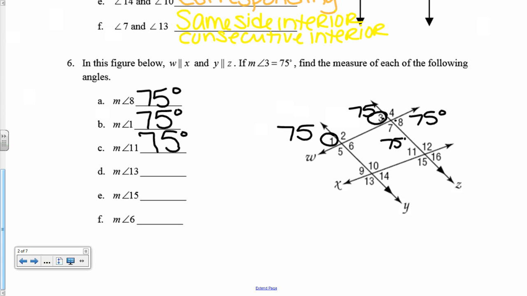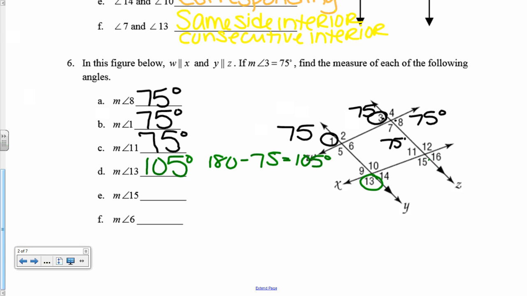13, I'm going to have to use with angle 1. Angle 1 and angle 13 are same side exteriors, so they're supplementary. So we subtract 75 from 180 and we get that angle 13 is 105 degrees.